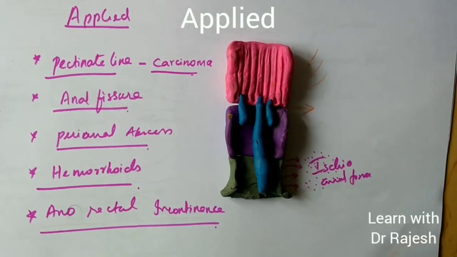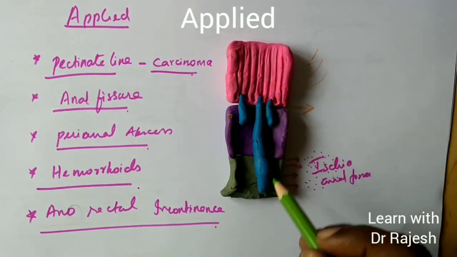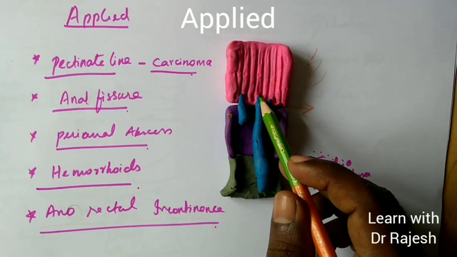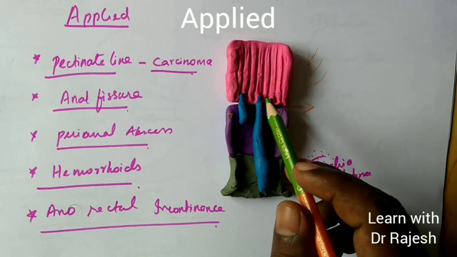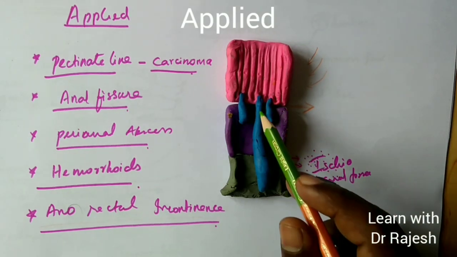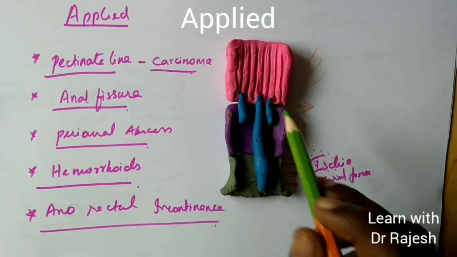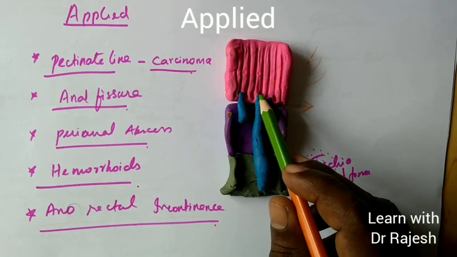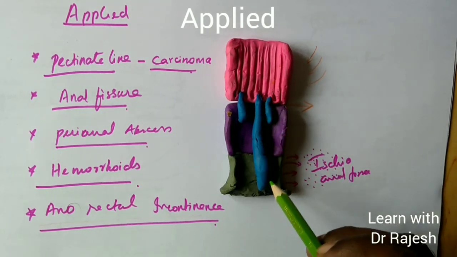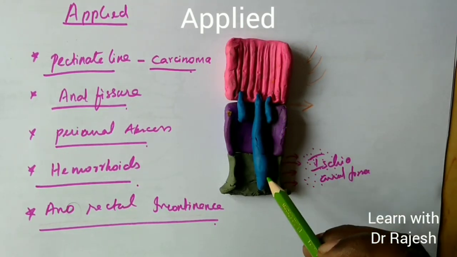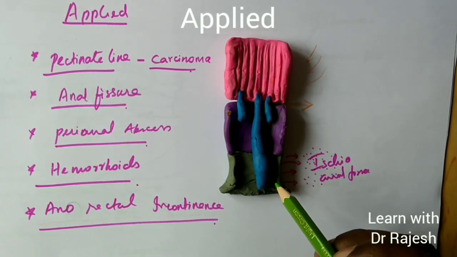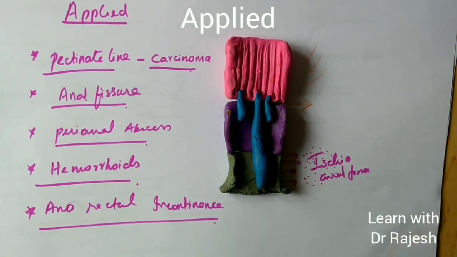So the bleeding which occurs from these internal hemorrhoids, which have the anastomosis of both arteries and veins, is usually bright red in color because of the arterial component inside this hemorrhoidal mass.